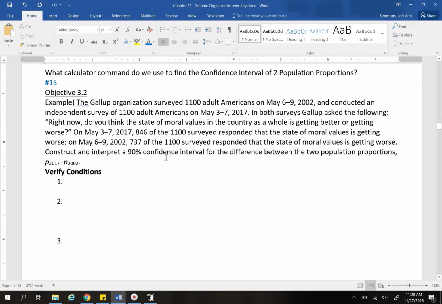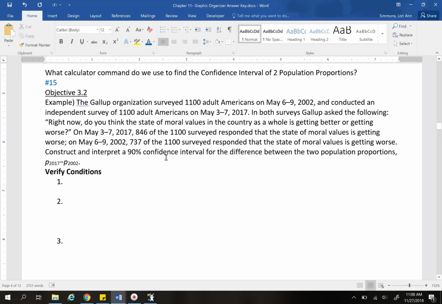The Gallup organization surveyed 1,100 adult Americans on May 6th to the 9th, 2002, and conducted an independent survey of 1,100 adult Americans on May 3rd through the 7th, 2017. In both surveys, Gallup asked the following. Right now, do you think the state of moral values in the country as a whole is getting better or getting worse?